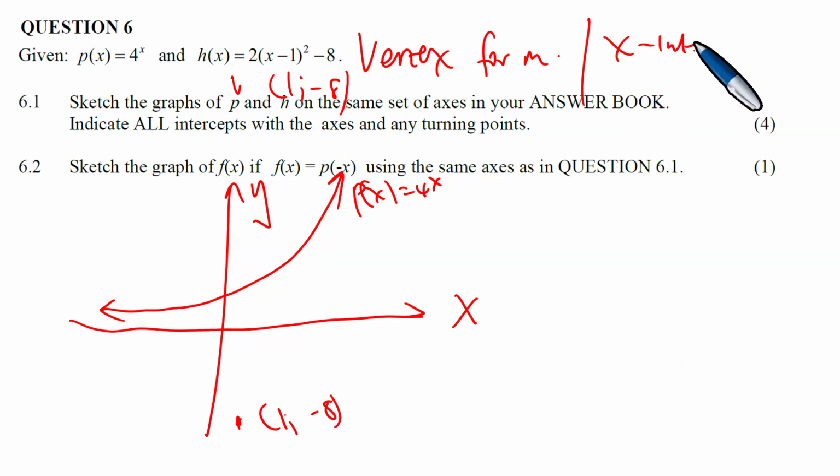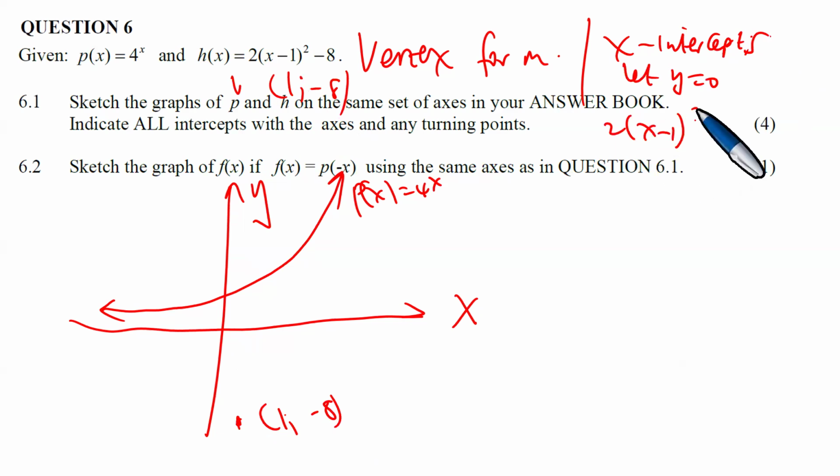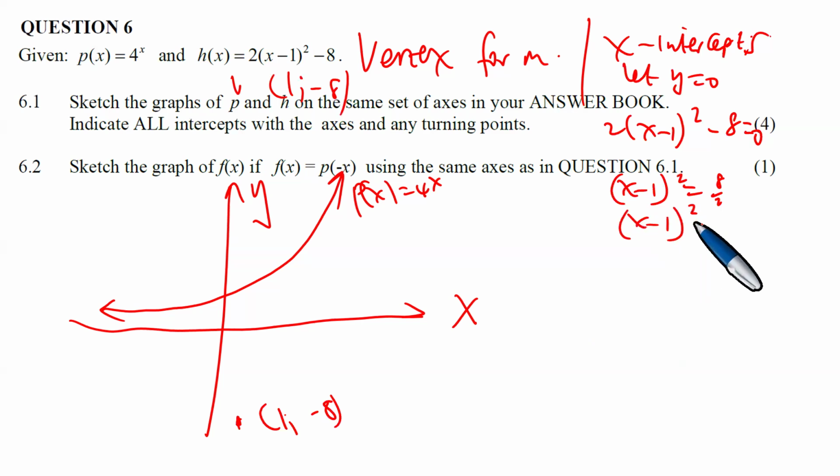If you want to find the x-intercepts, you let y be 0, so that 2 times (x minus 1) squared minus 8 equals 0. Which means (x minus 1) squared equals 8 over 2, which means (x minus 1) squared is 4.